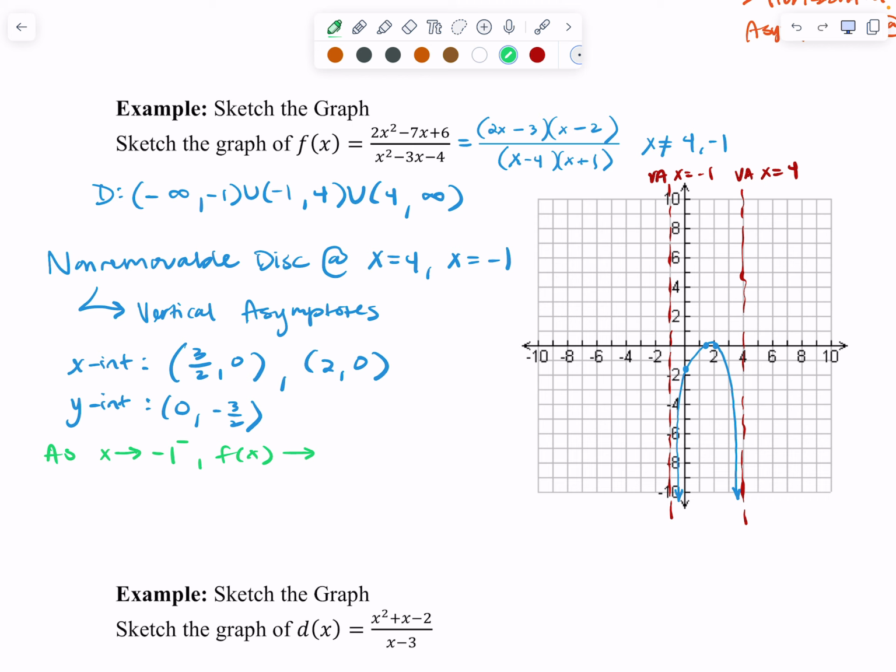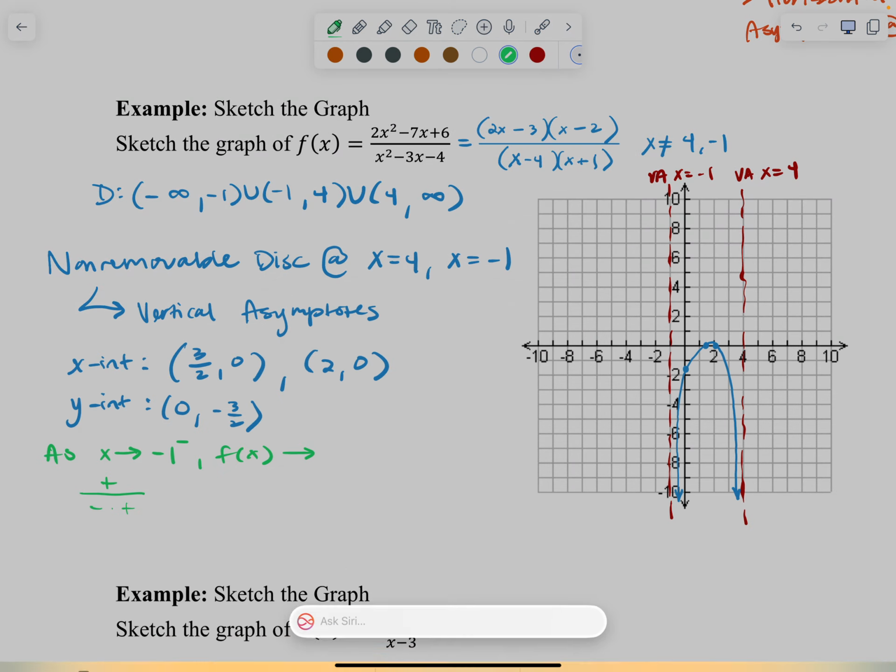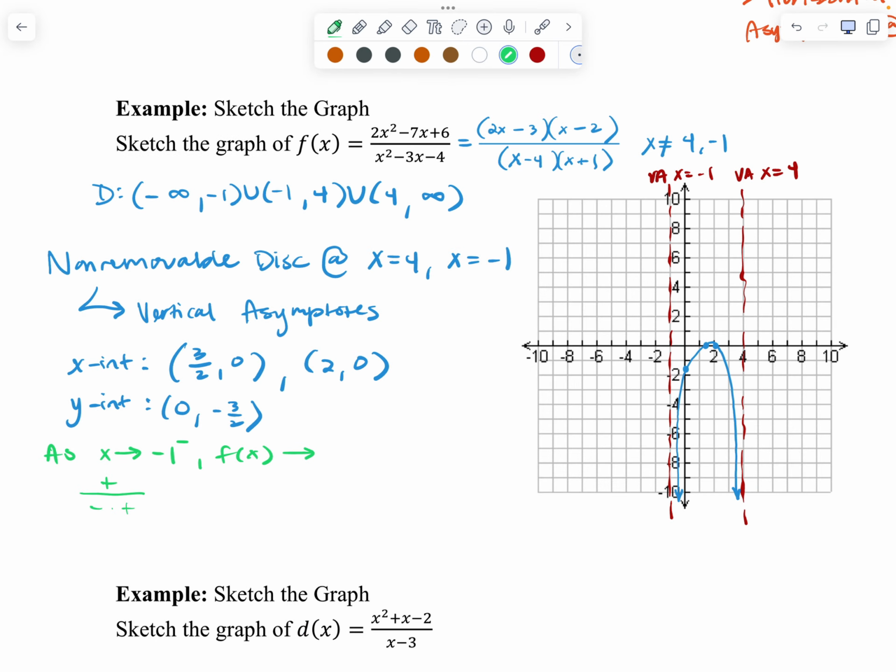So that would be a negative times a negative would make a positive over a negative times a positive would be a negative. So that means f of x would approach negative infinity. Do we follow that? I was thinking about plugging in here, negative 1.01.